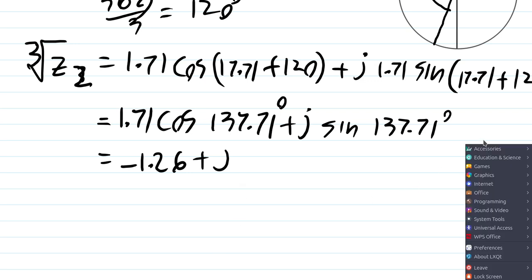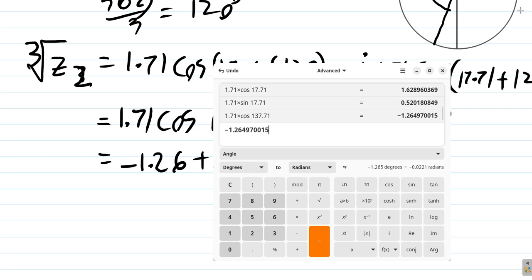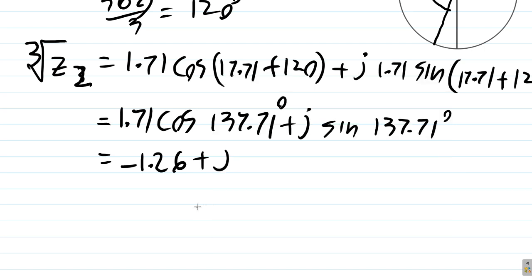Alright, let's see what the other part of it looks like. This would be sine now. 1.71 times sine 137.71. That's 1.15. Alright? Plus j 1.15.